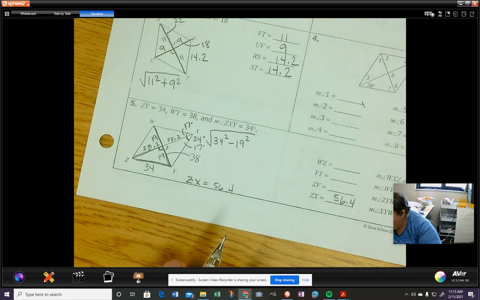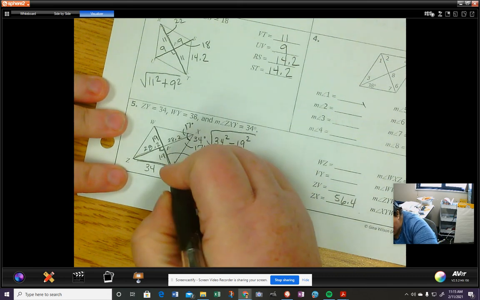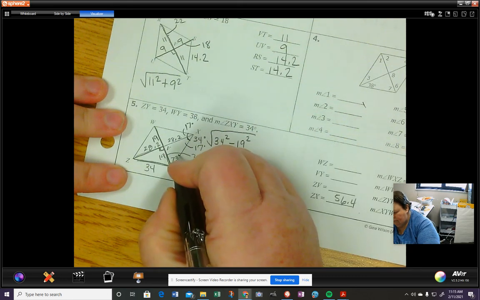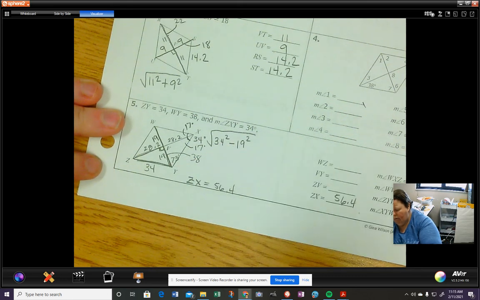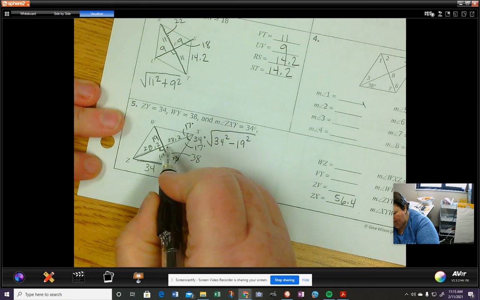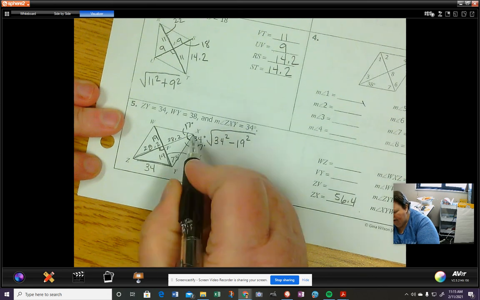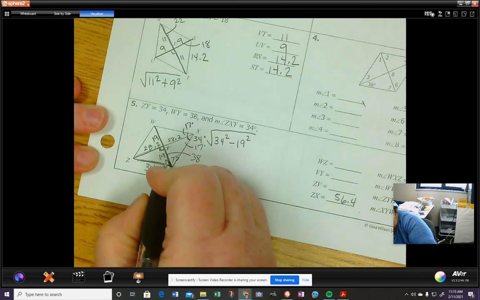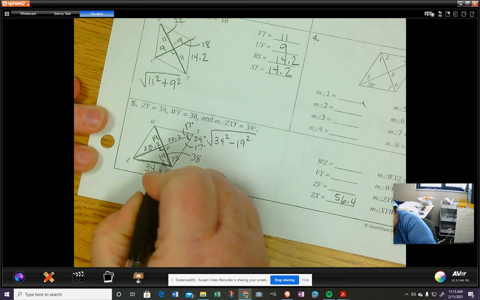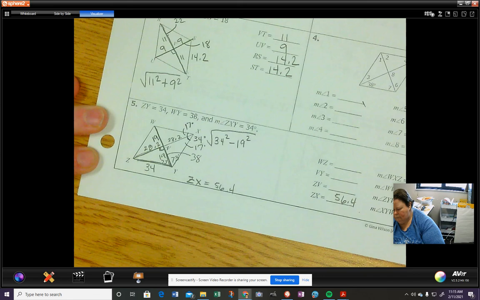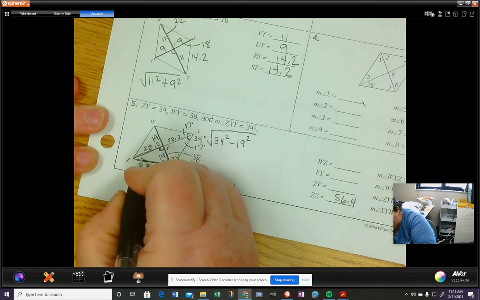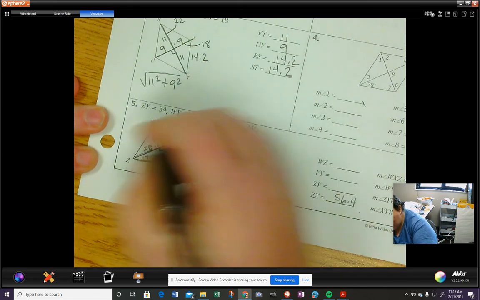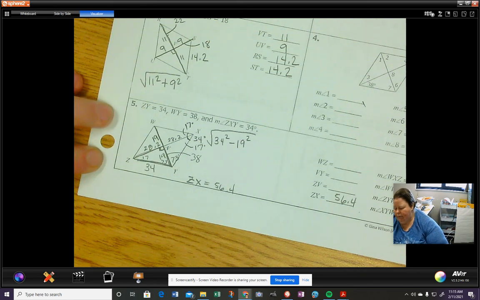Subtract from 180 is 73. So this angle is 73. How did I get that? I took 17 and 90, added them together, and subtracted from 180. So this angle has to be 73. And this angle has to be 17. Okay, so we can figure all that out.